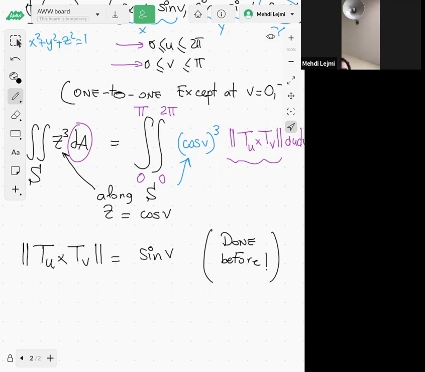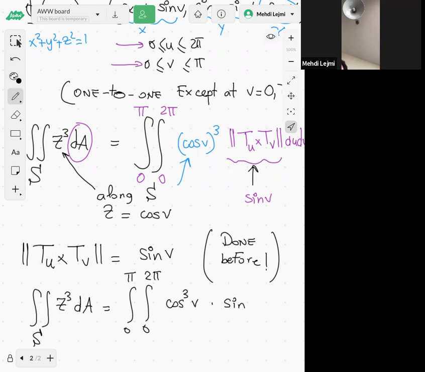So this thing turns out to be sine of v. My scalar surface integral is just the integral from 0 to pi, 0 to 2 pi, of cosine cubed v times sine of v du dv.